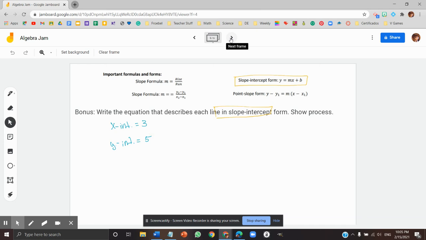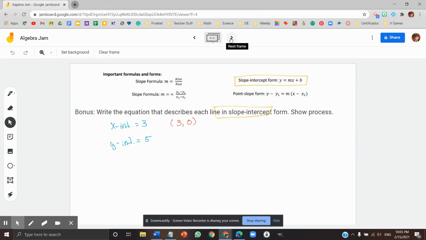Well, if I give you those intercepts, you know that that is the same as a point, because for you to have an intercept on your x axis, that means that your y has to be 0. So you have a point when x is 3, y is 0.